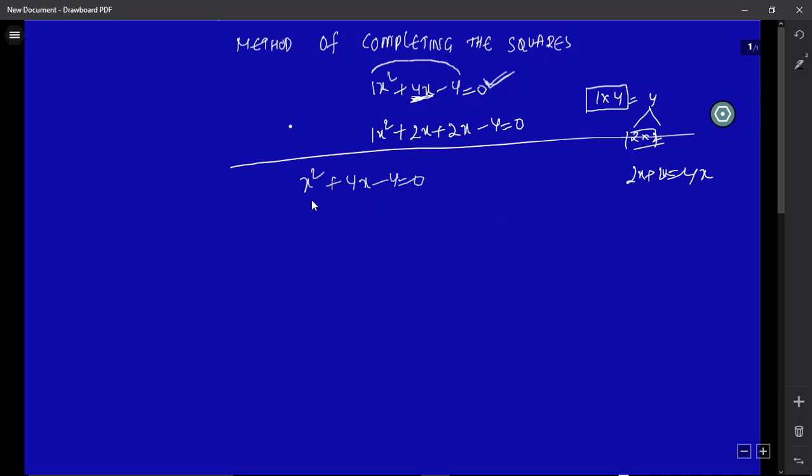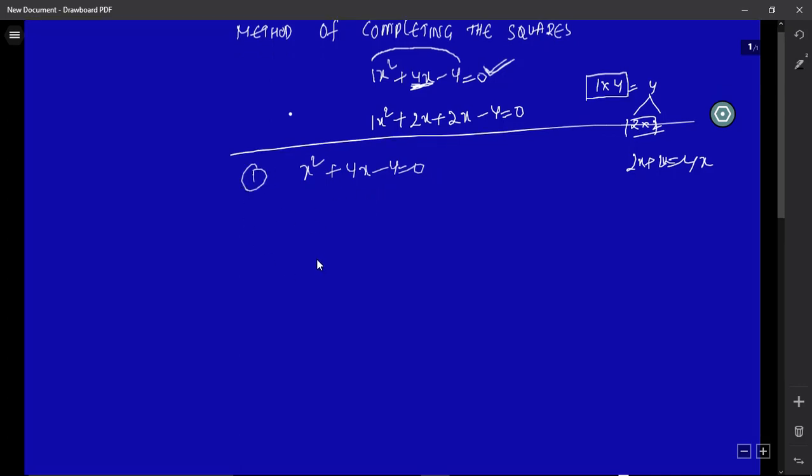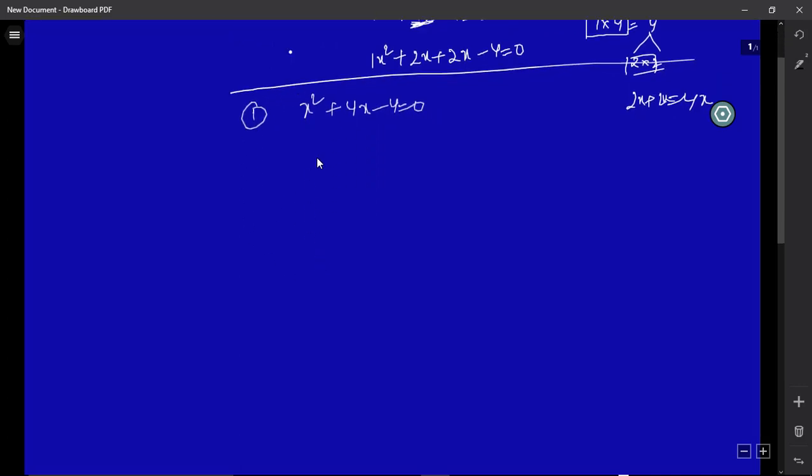Method of completing the square is quite simple. First, you need to move the constant term to the right hand side. So minus 4, if I take it to the right hand side, becomes plus 4.